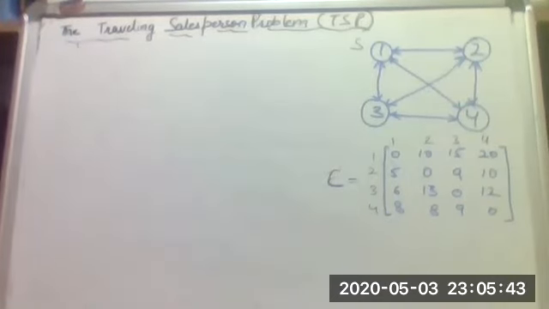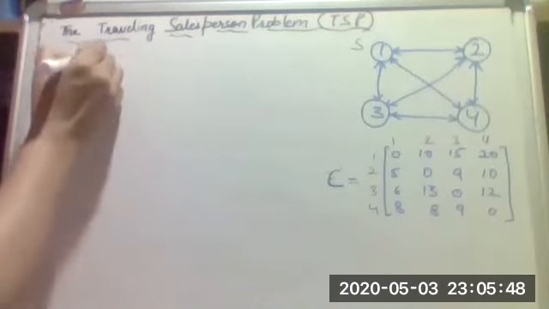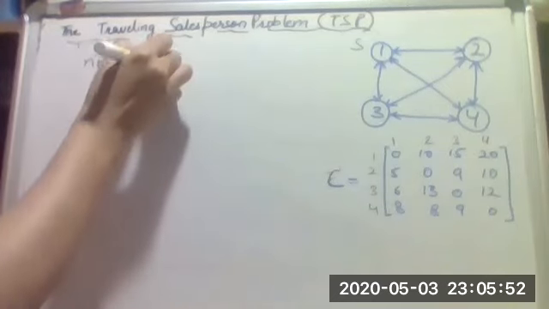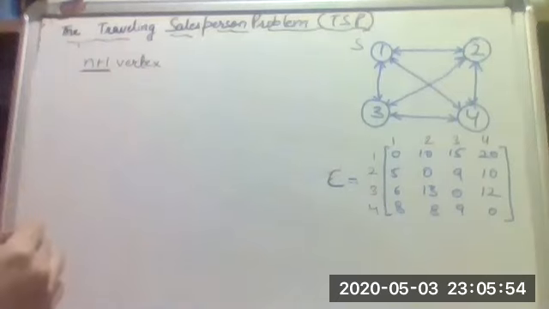Every time we consider a traveling salesperson problem, we will consider an n plus 1 vertex graph. That means we have n plus 1 vertices because we start from the same vertex and end at the same vertex.